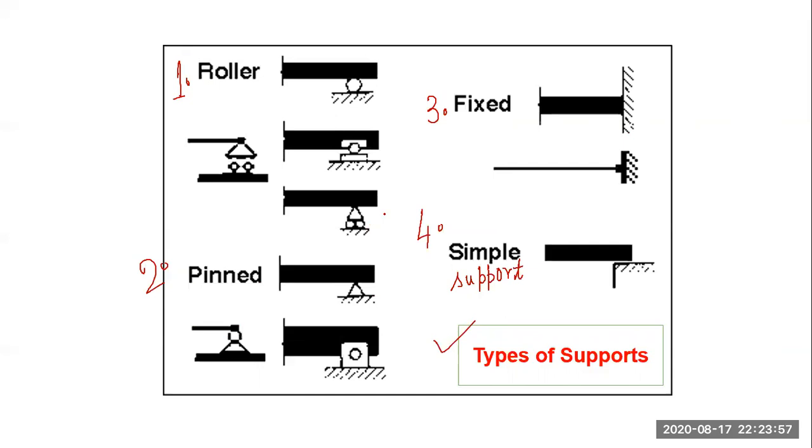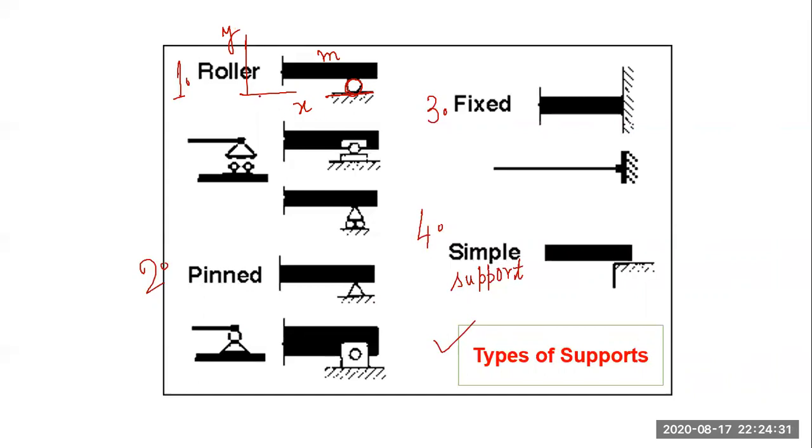Just listen carefully. For a roller, say this is a beam of mass m. Now this is a roller, so there is a roller over which the beam can roll. Assume this is the x direction and this is the y direction. There are a number of ways to understand these things, but I think this is one of the simplest ways to remember.